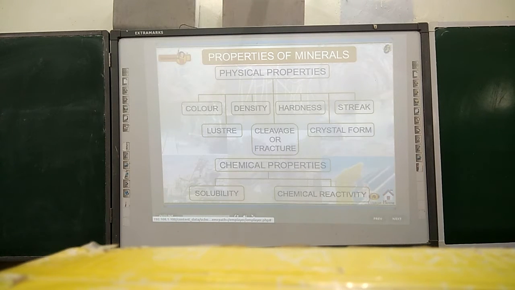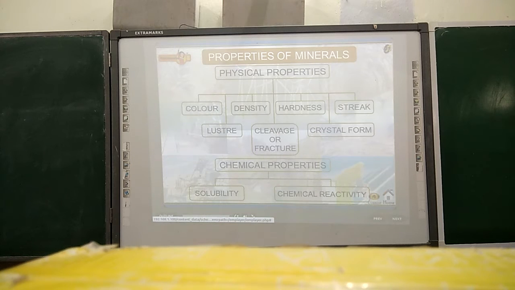These are the physical properties of minerals. These properties can be classified based on the following characteristics: color, density, hardness, luster, fracture, crystal form, etc. Based on these characteristics, you can consider these the physical properties of a mineral.